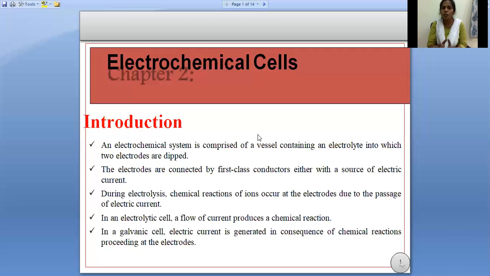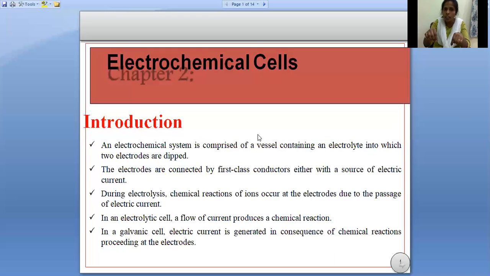That means every electrochemical system contains a beaker or vessel. This vessel contains an electrolyte. This electrolyte may be in the liquid medium or in the semi-solid medium. Semi-solid is nothing but the paste form. In this electrolyte, we are dipping the two electrodes. That is the construction of an electrochemical cell.